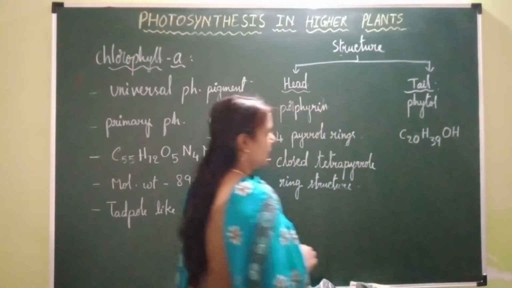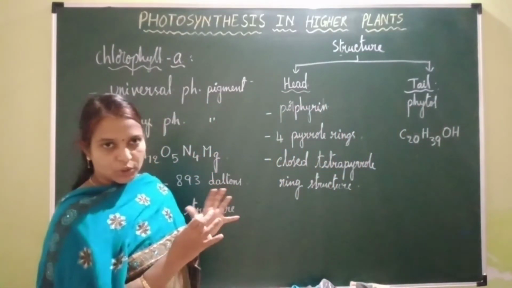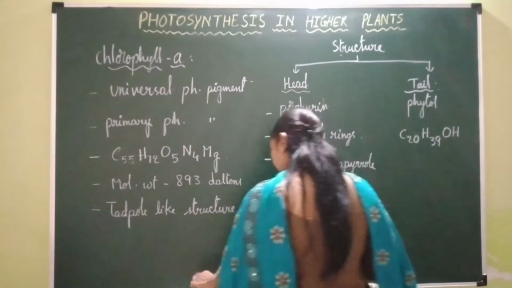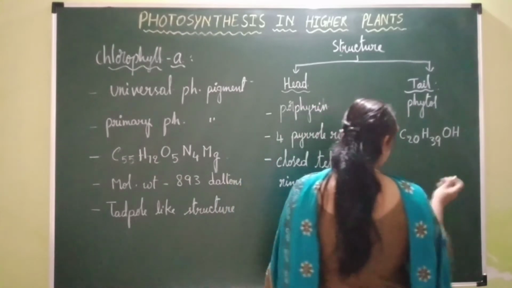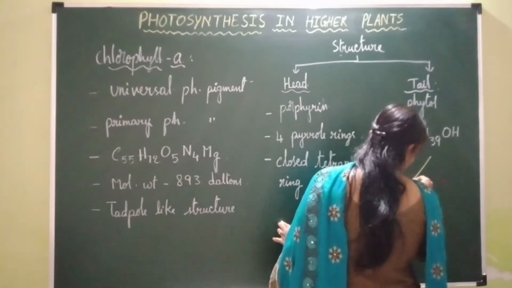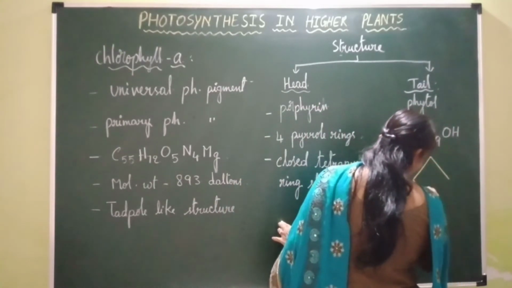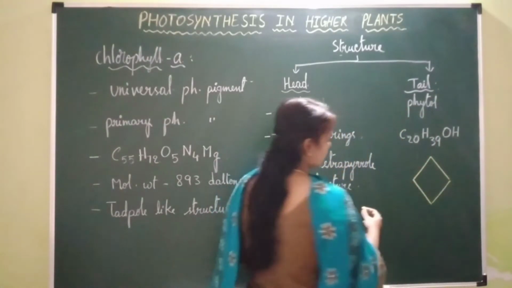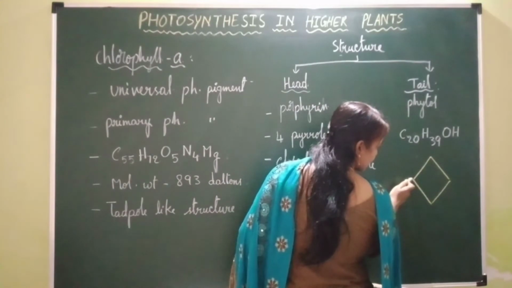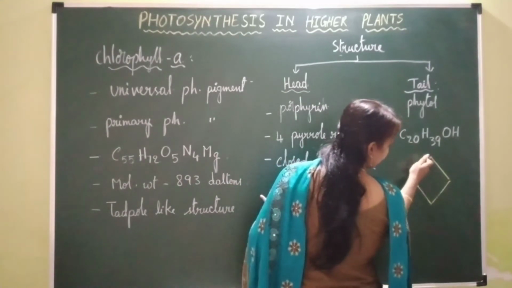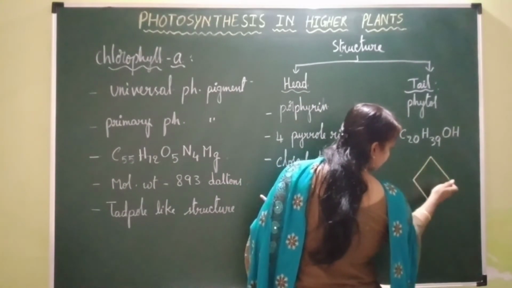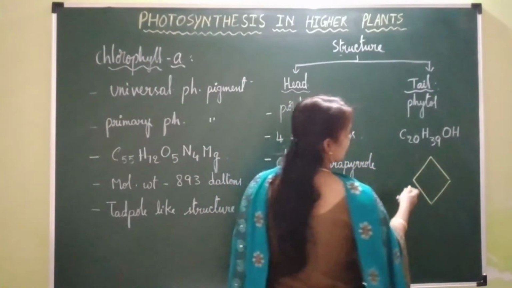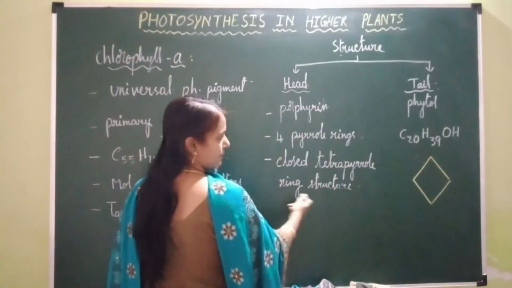Now let's see the overview of the structure of this chlorophyll. Let's say this is the head of the chlorophyll. The head is nothing but a tetrapyrrole ring structure, so here one pyrrole ring, here one, totally 4 pyrrole rings. These are interconnected together, forming the closed tetrapyrrole ring structure.